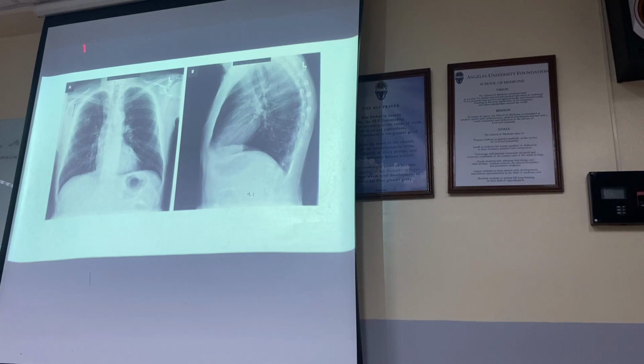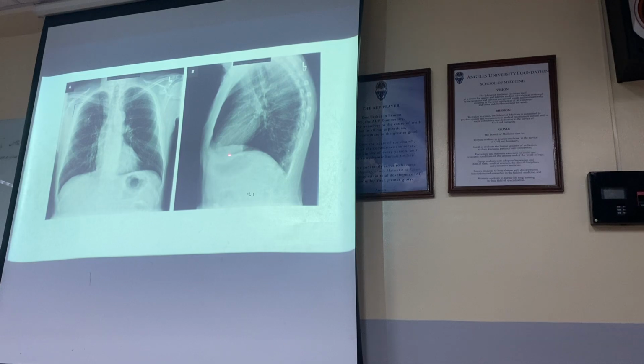What about in a lateral? This is again your PA view, right? Apex or left ventricle, right atrium. The diaphragmatic is formed by what? Right ventricle, right? Oh, this is anterior again. So for the lateral view, the anterior border is by what ventricle? Right ventricle, correct?